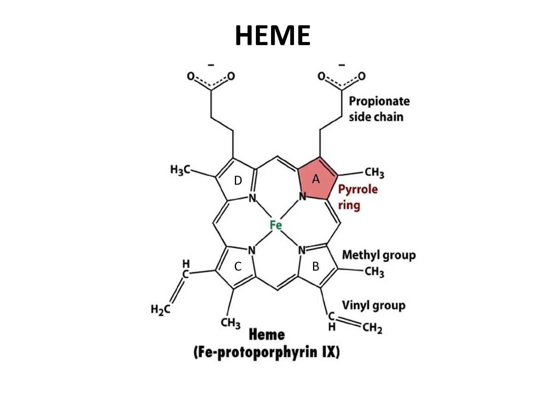And then when this binds to globin, it is oriented in such a way that the propionate side chains are directed to the cytosol, to the medium, whereas the vinyl side chains are within the globin molecule. And you notice that iron here is bound through bonds with the 4 nitrogen atoms of the pyrrole rings.